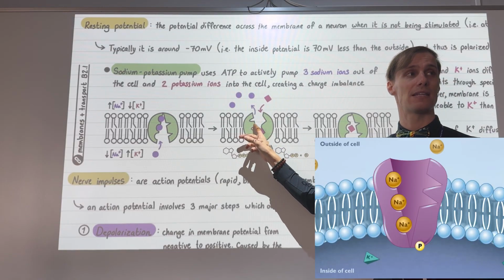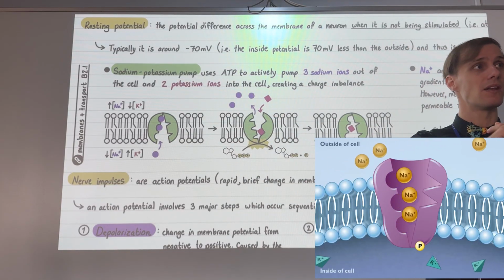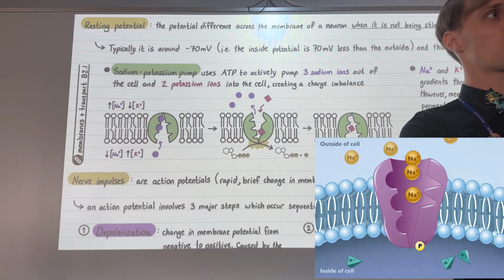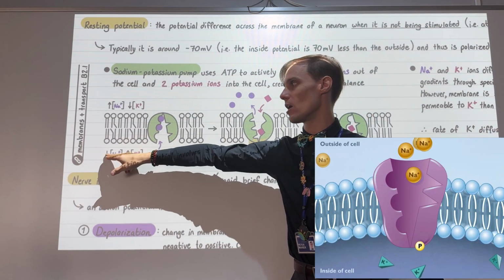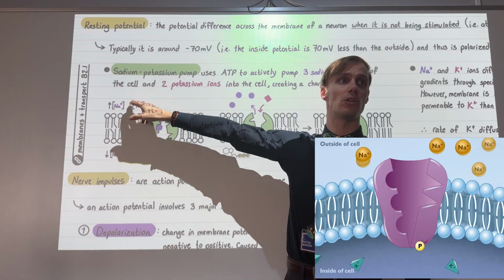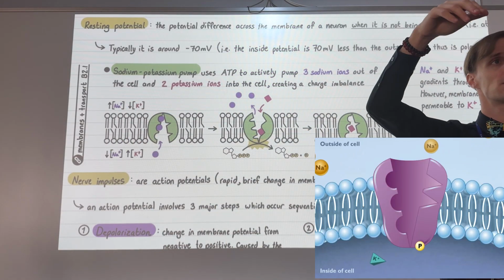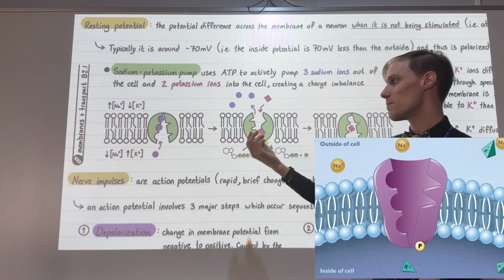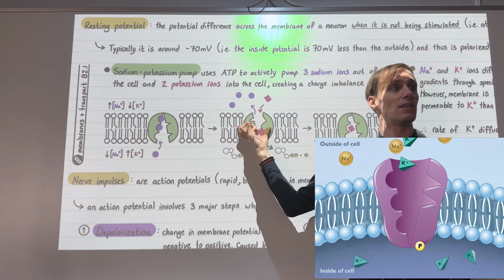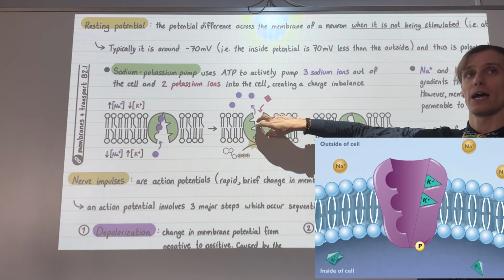Now, sodium has now unbound, and look what we've just done to sodium. We moved it against its concentration gradient. We went from an area of low sodium concentration to high sodium concentration. So we've increased the gradient of sodium outside the cell. At the same time, when the protein is now facing the outside of the cell, 2 potassium ions are going to bind.